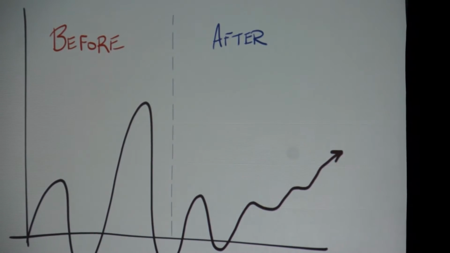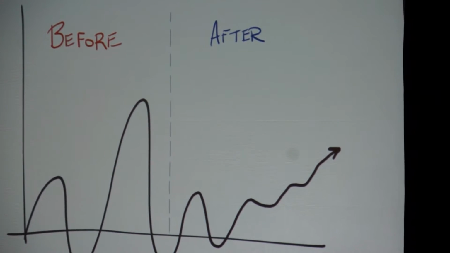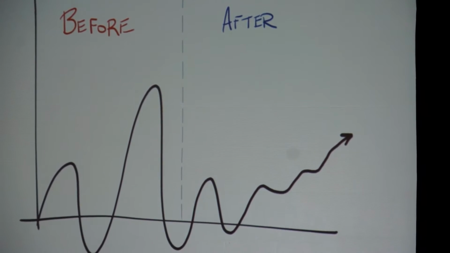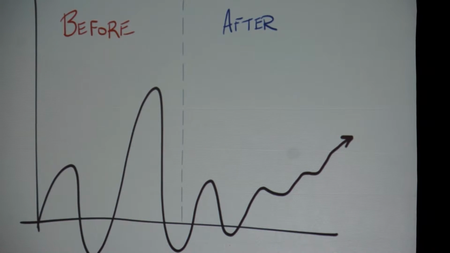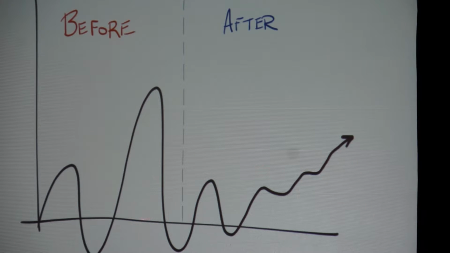So with a Kanban system, as we're doing those practices, focusing on flow, gathering our metrics on the blockers, and limiting our work in process, what we should see over time is that our process will start to level out.